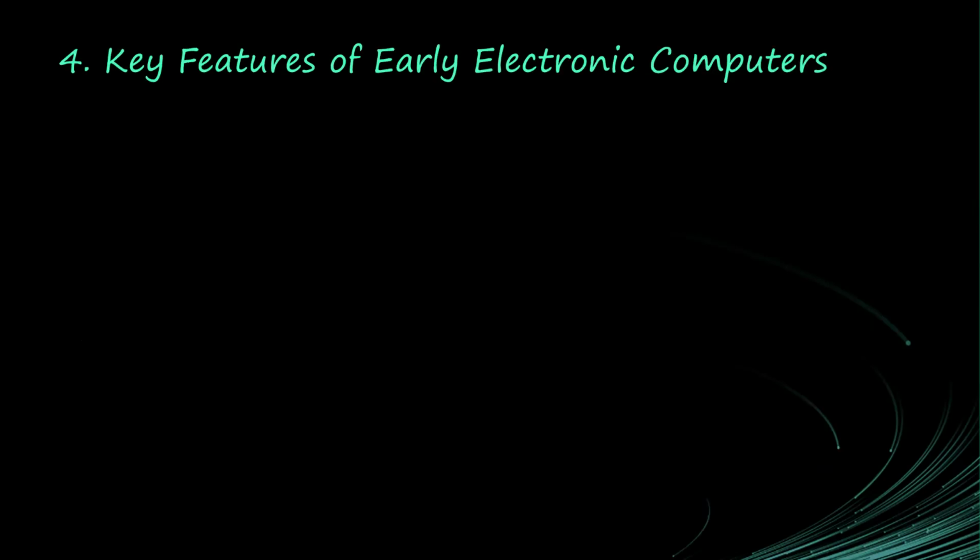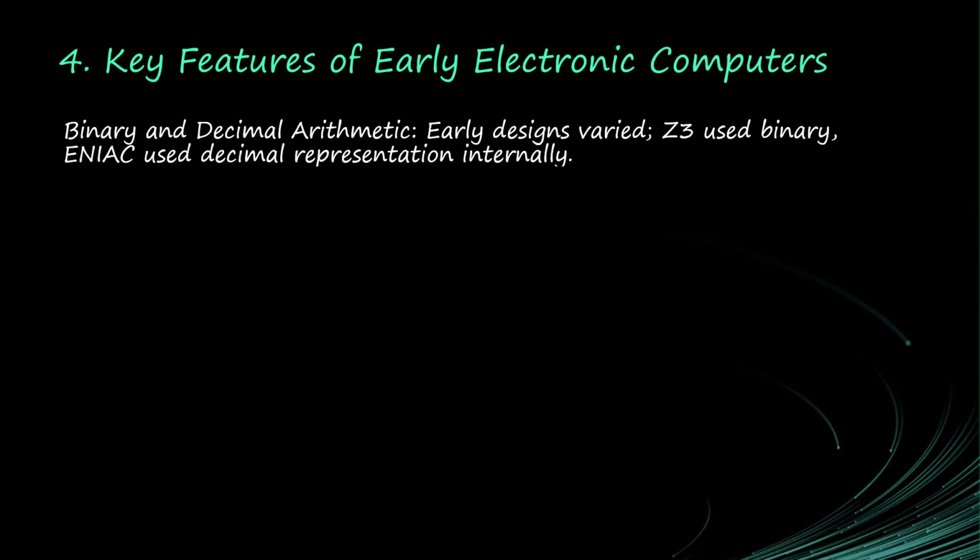So what are the key features of electronic computers? Binary and decimal arithmetic. They were able to do binary and decimal arithmetic. Early designs varied. Z3 used binary, while ENIAC used decimal representation internally. But generally, computers these days use binary arithmetic. All right?